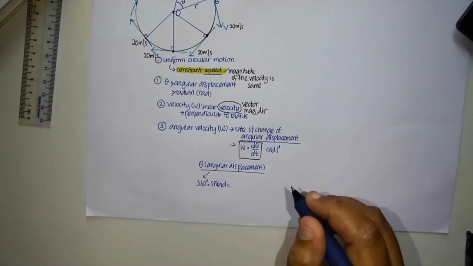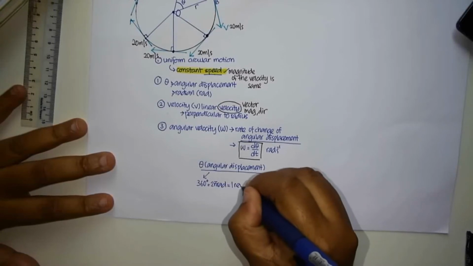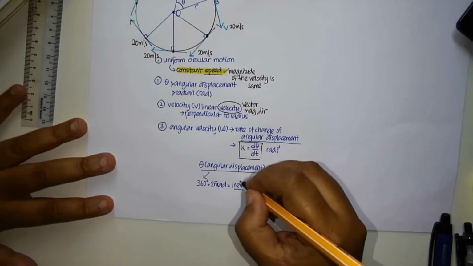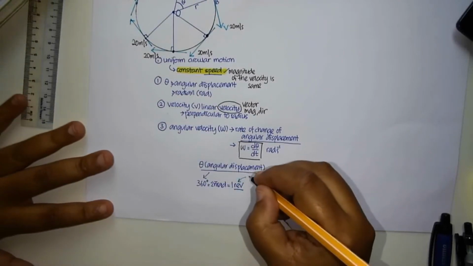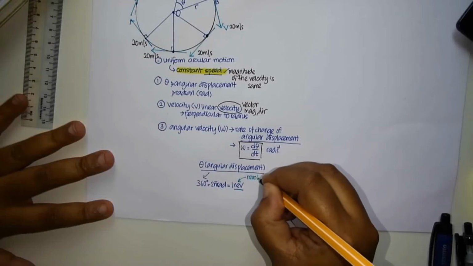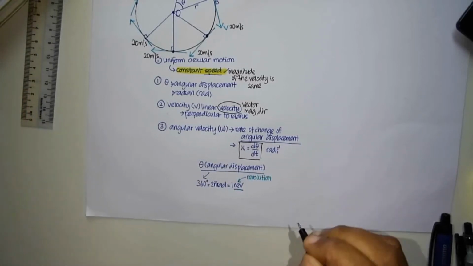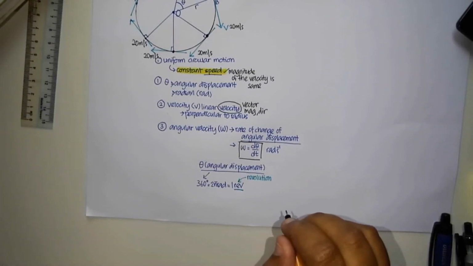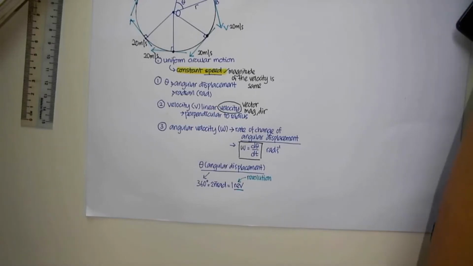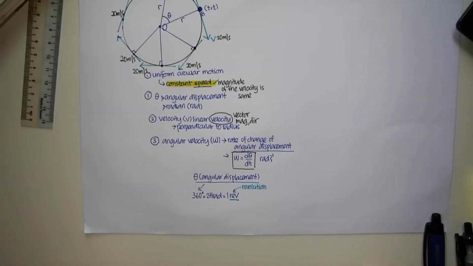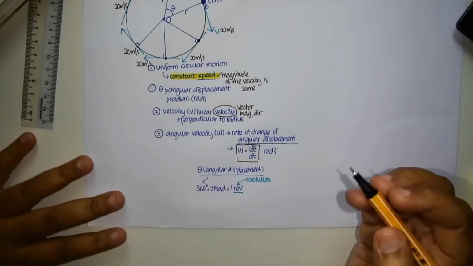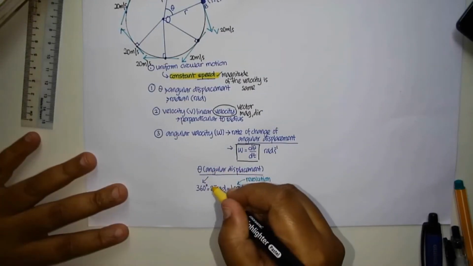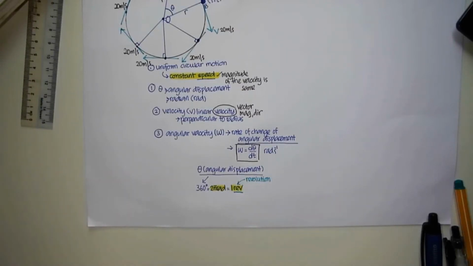It is also equal to 1 rev. What is rev? Rev is called revolution, one revolution. So theta in circular motion can be expressed either as 2 pi radian or as 1 rev.